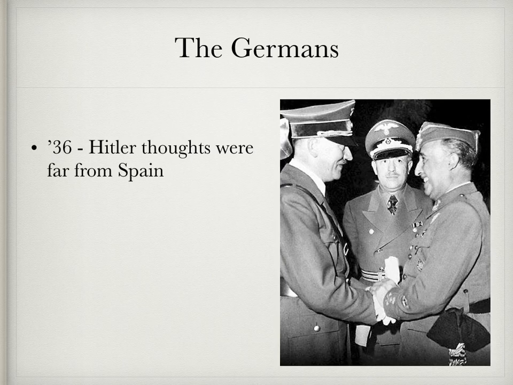Now, by the summer of 1936, Hitler's thoughts were really far from Spain. So what was he doing at this time? Hitler is very busy with things going on in Germany in 1936. Well, we know he was building a war machine for his own purposes.